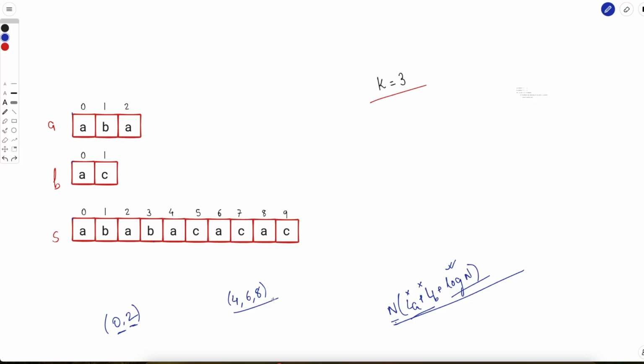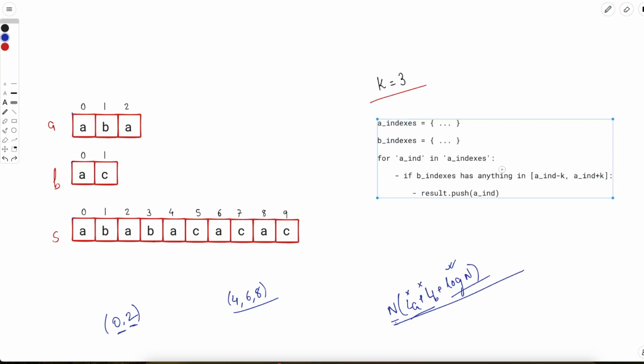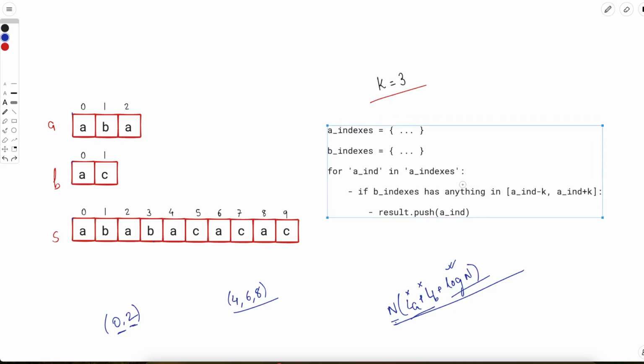How to get these two arrays efficiently, we'll discuss, but let's first quickly look at the pseudo code to make things a bit clearer. We have figured out the A indexes and the B indexes, and after that, for each A index, I will see if there is anything in between this range in the B indexes or not.